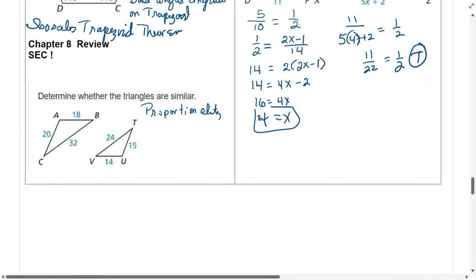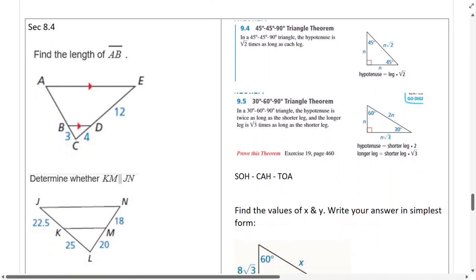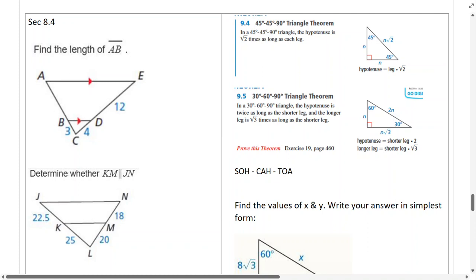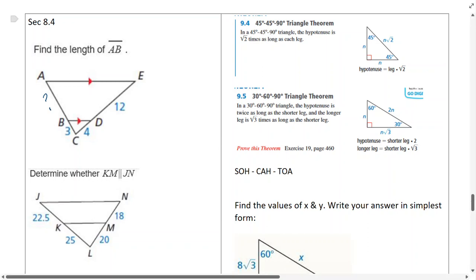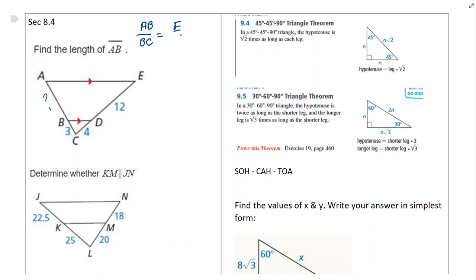All right, now I'm still on 8, and here we go. The length of AB. Now this says, this is on a perpendicular drawn to a triangle. The sides are proportional. In other words, AB is to BC as ED is to DC.